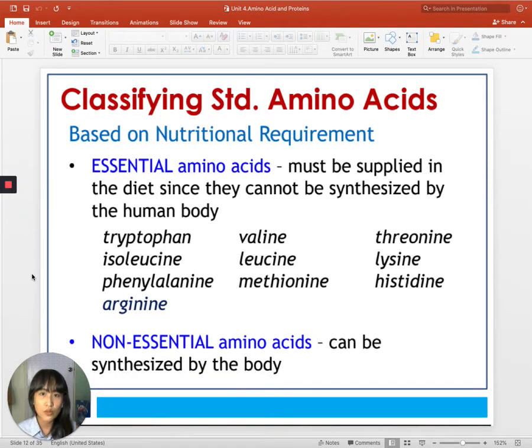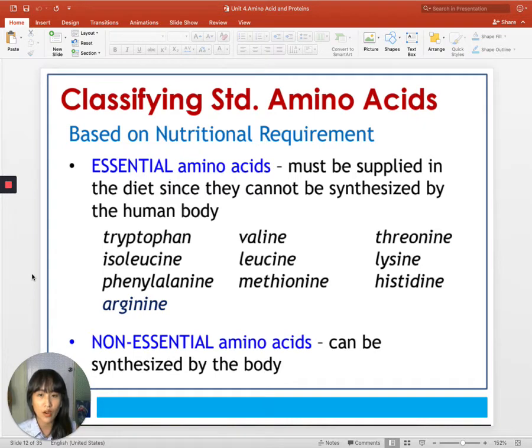We now go to the classification of amino acids based on nutritional requirement. So the first one is the essential amino acids. These are amino acids that must be supplied in the diet since they cannot be synthesized by the human body.